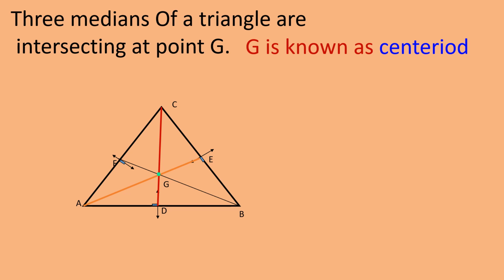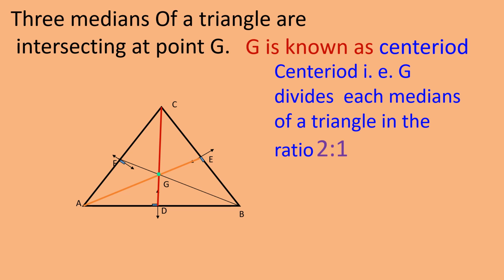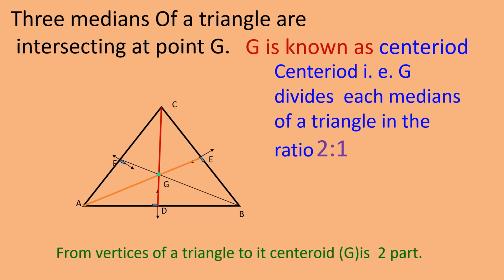Let us see it in a clearer way. See here, the centroid, that is G, divides each median of a triangle in the ratio 2:1. That means from the vertex to the centroid it will be two parts. So CG will be two parts, BG will be two parts, and AG will be two parts. So from the vertex of a triangle to the centroid is two parts.